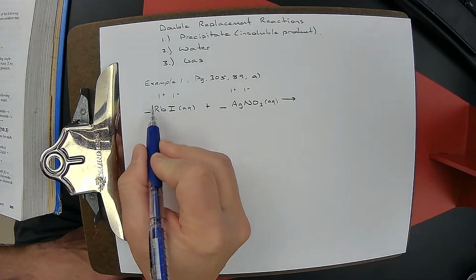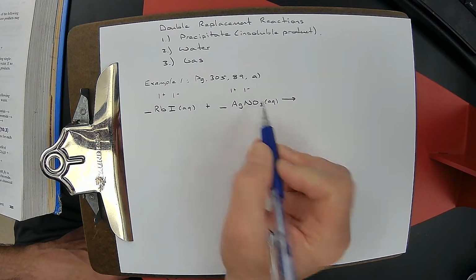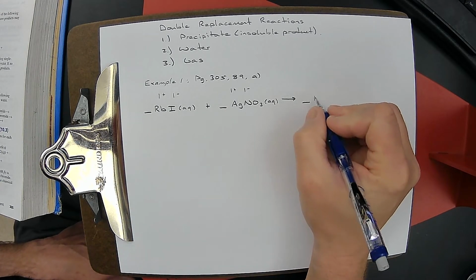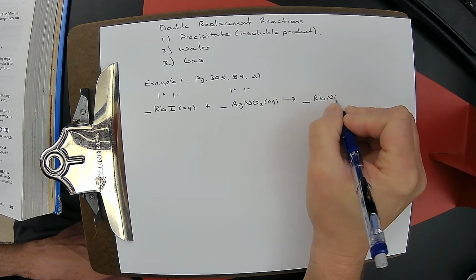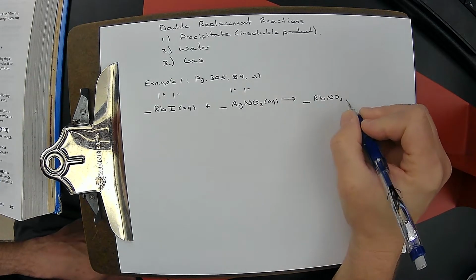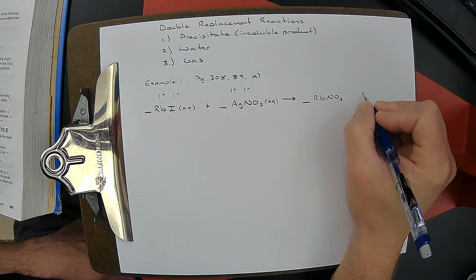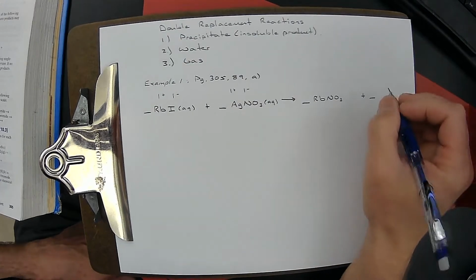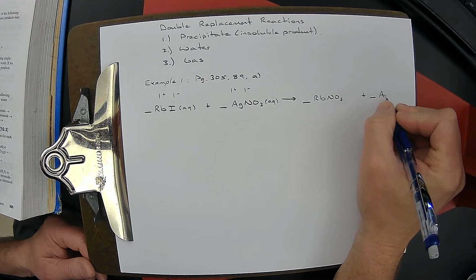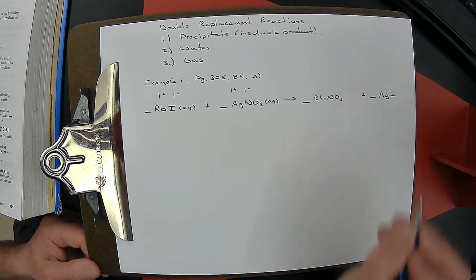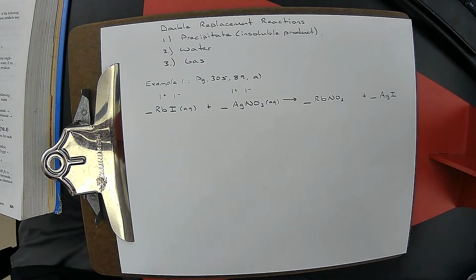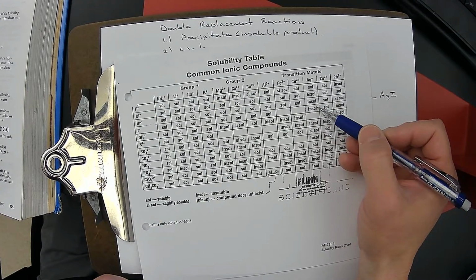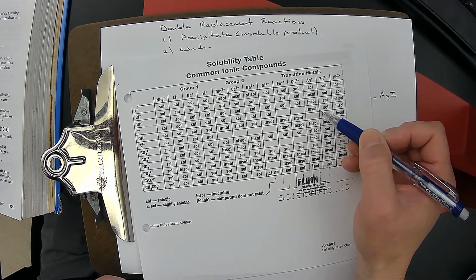So now the positive from Rb is going to go with the negative of the second. So it's a 1 plus and a 1 minus, so that's easy to put together. And then I'm going to hold off on putting anything right here yet. Then we've got the positive Ag with the minus I, so it's AgI. If we look up AgI, it shows that it's insoluble.